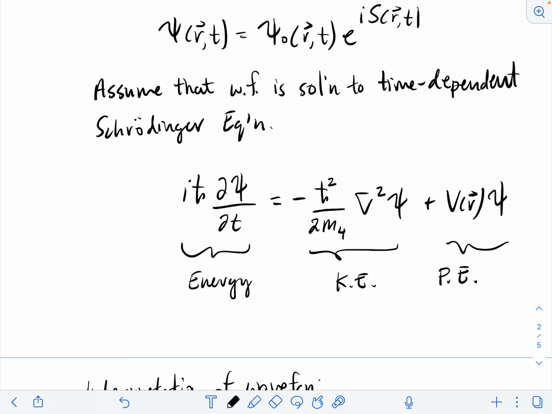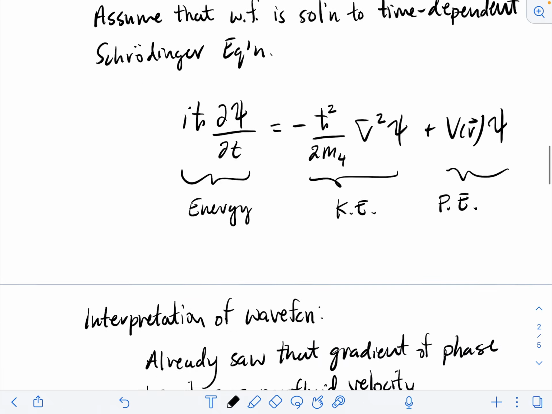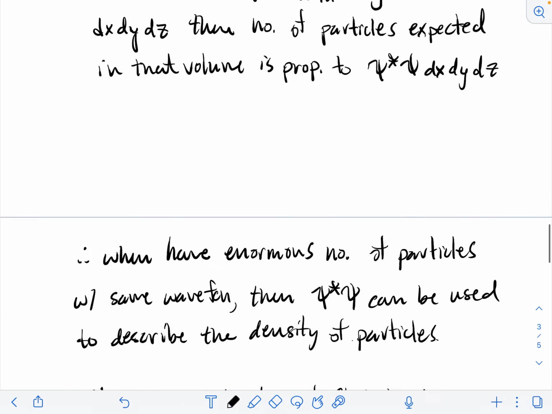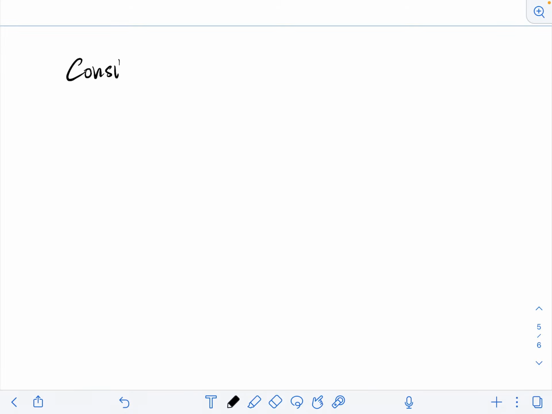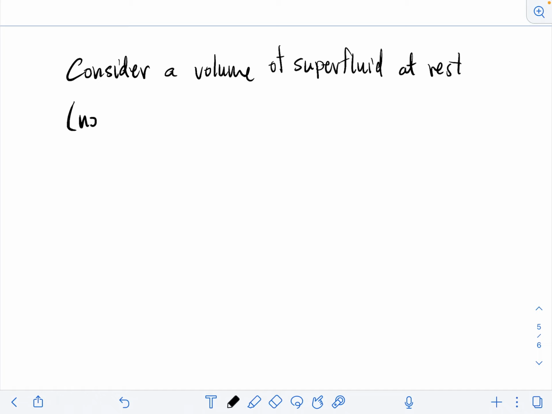And so we're going to try to work through a bit of an argument to see if we can uncover something about what that potential energy looks like. So we do this by considering a volume of superfluid at rest. Okay, so this volume has no kinetic energy.